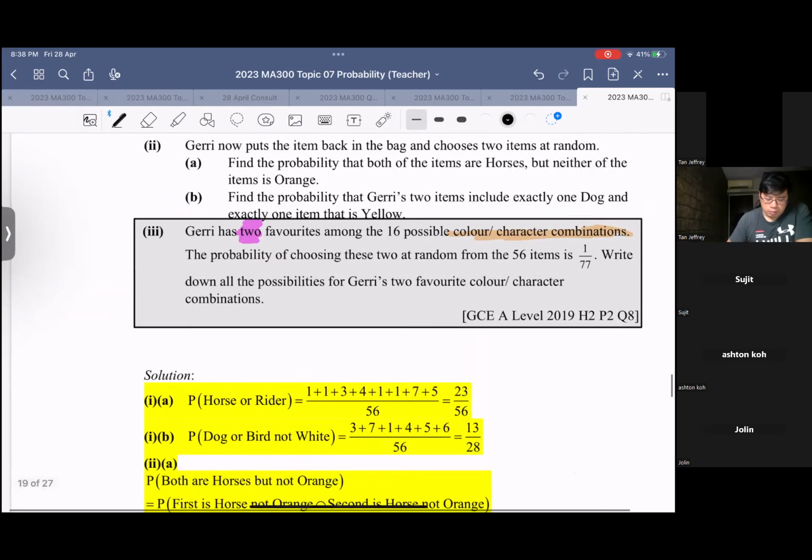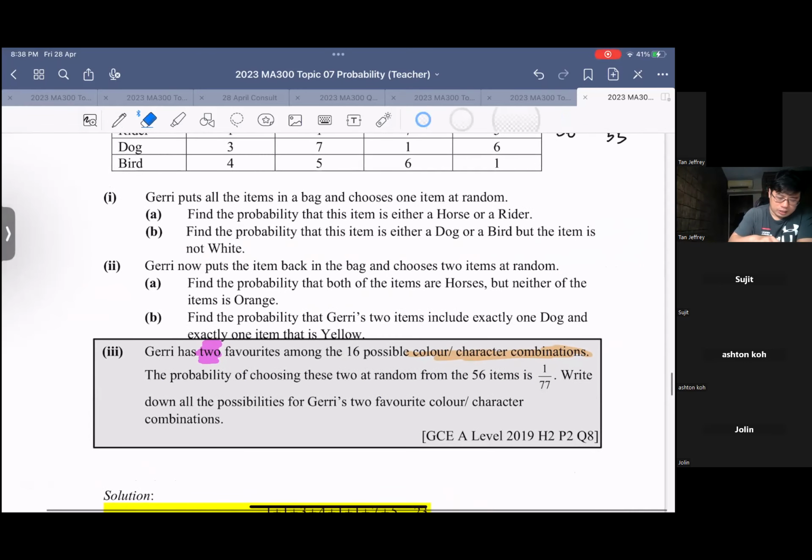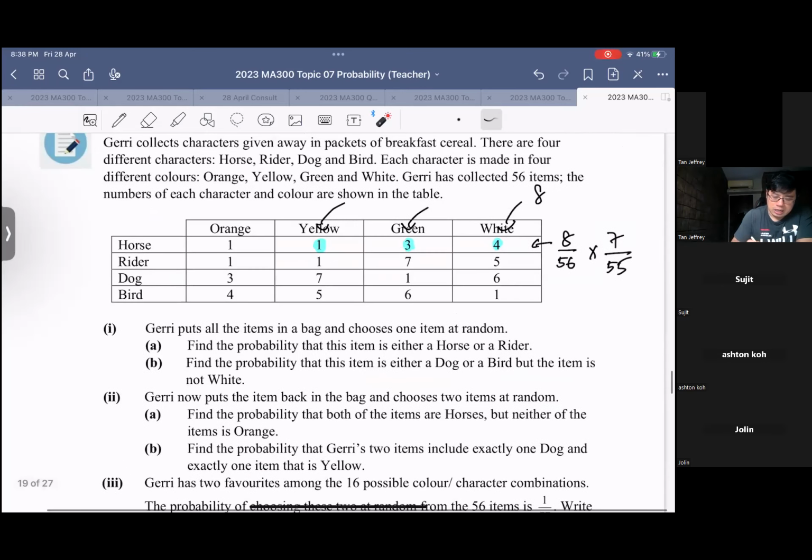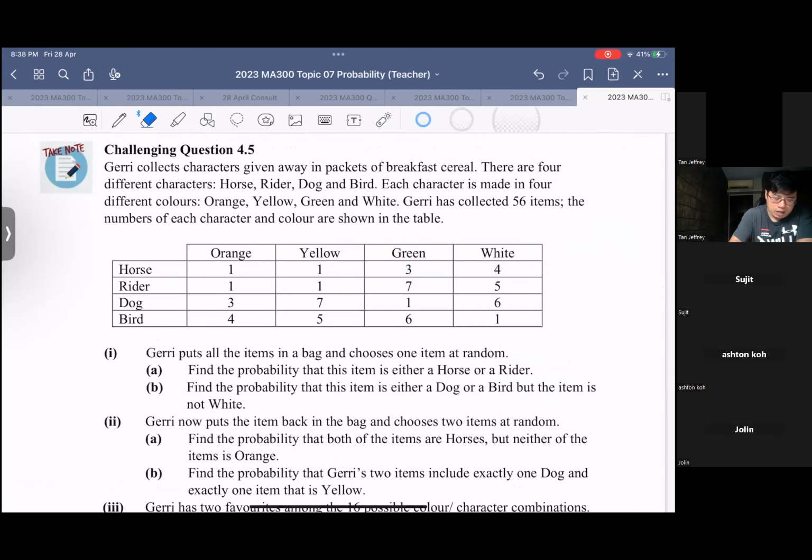Okay, part 2B. Basically we want the probability where the two items include exactly one dog and exactly one item that is yellow. Basically one dog, one yellow. If I choose the yellow dog, then in one item I will have fulfilled both conditions.